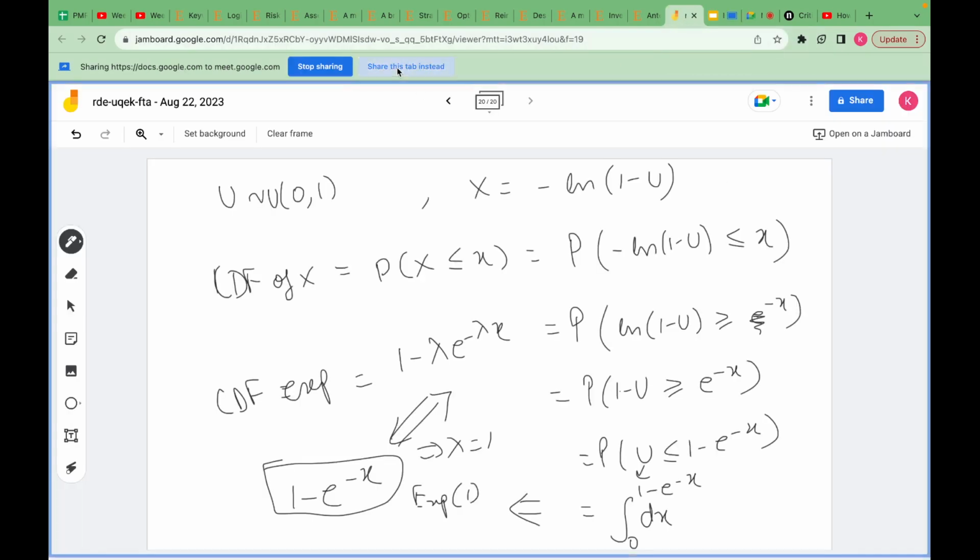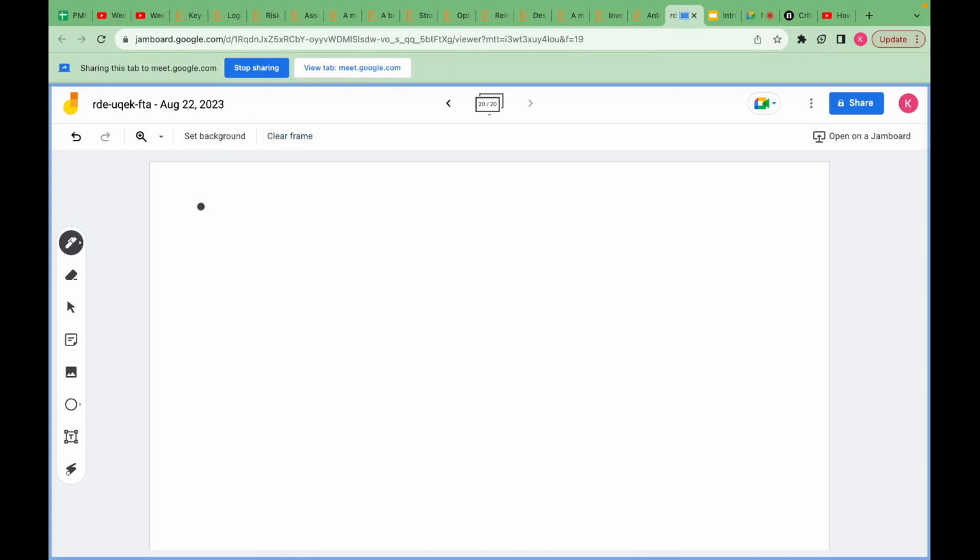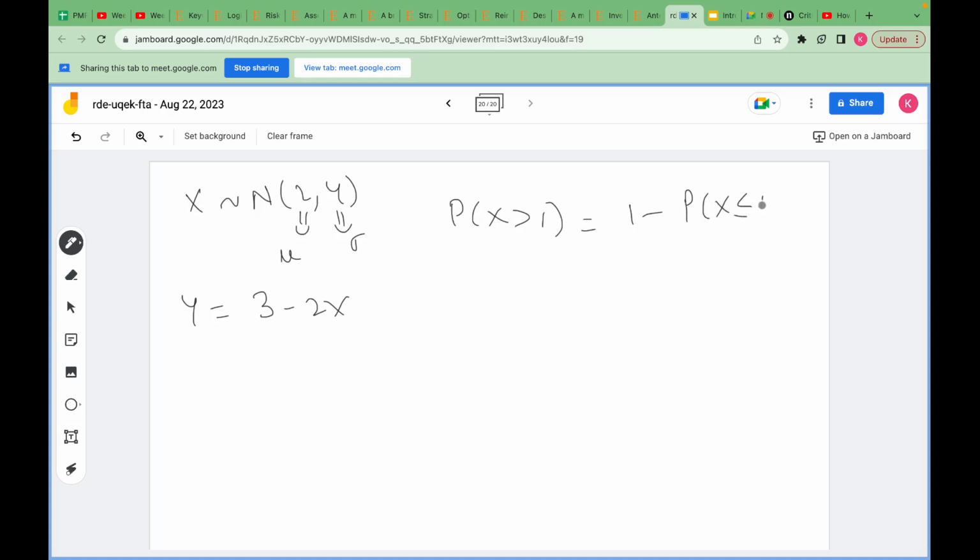So x is normally distributed with mu 2 and sigma 4; this is mu, this is sigma. Y is equal to 3 minus 2x. Now we need to find the probability that x is greater than 1. This is nothing but 1 minus the probability that x is less than or equal to 1. Then we will just put it in the z function.